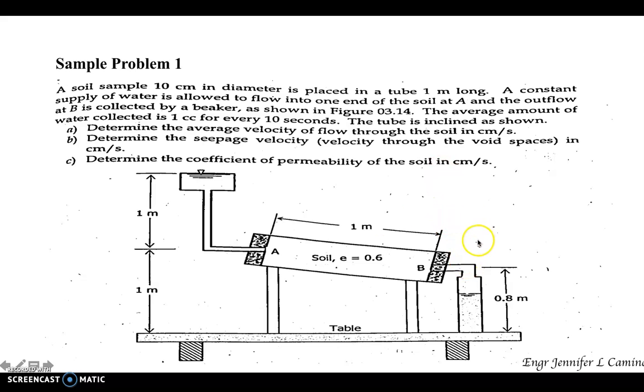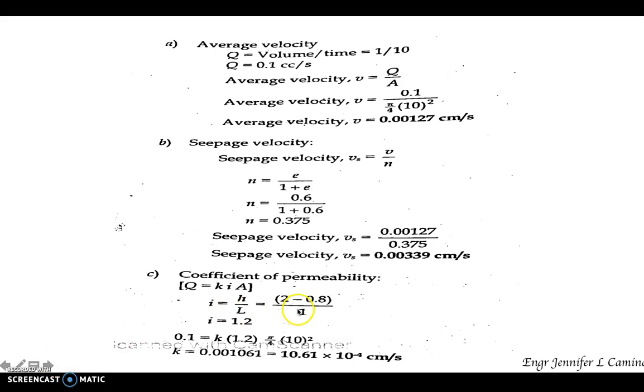Since this is 2 meters, and this portion is 0.8, H would be 2 minus 0.8, divided by L, which is the length of the soil sample, which is 1. Simplifying, the hydraulic gradient i is 1.2.